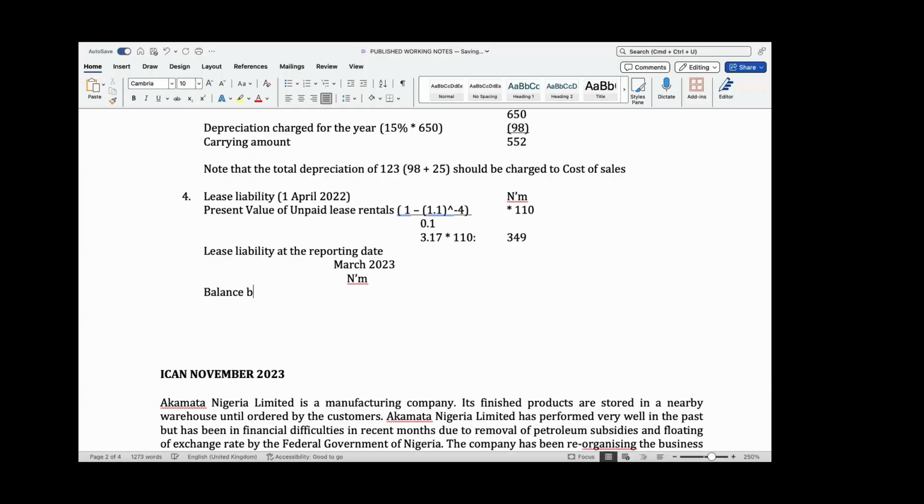So the balance brought forward, the opening value, is how much? It's 349.